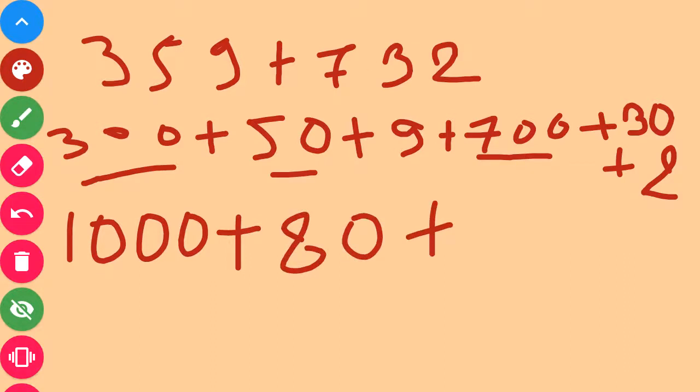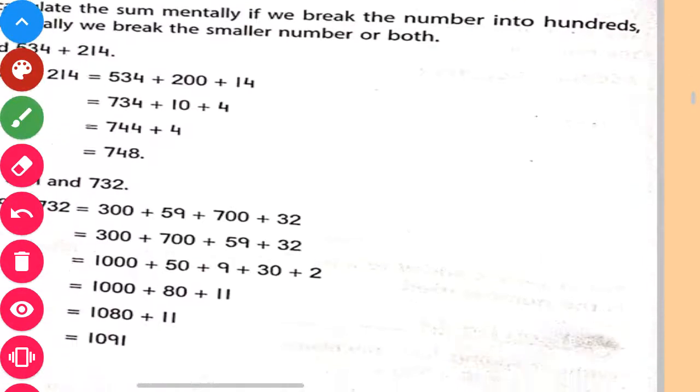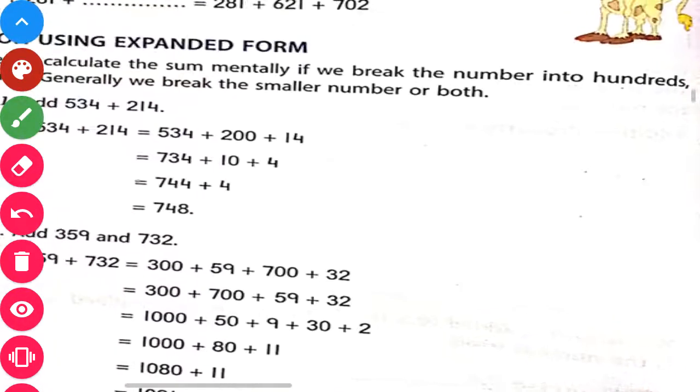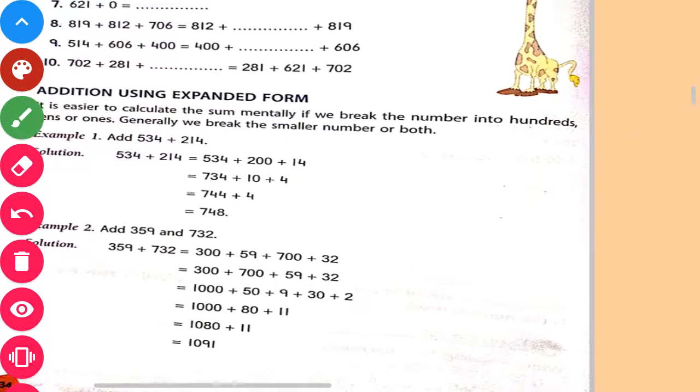And then 9 plus 2 will give us 11. So 1000 plus 80 plus 11 will give us 1091. So our answer will be 1091. Okay kids, so addition using expanded form, we have understood with the help of many examples.